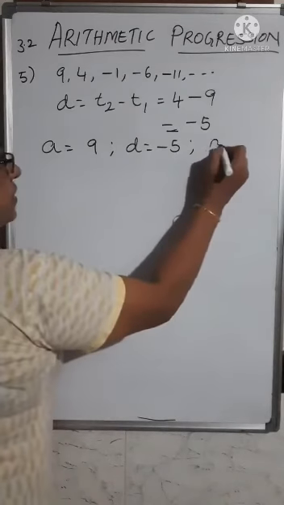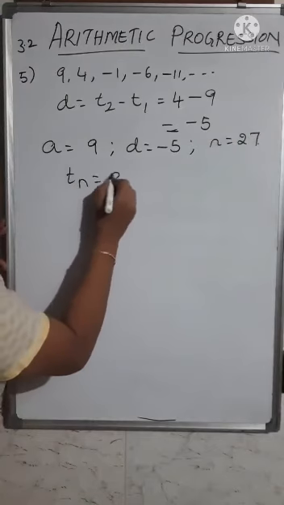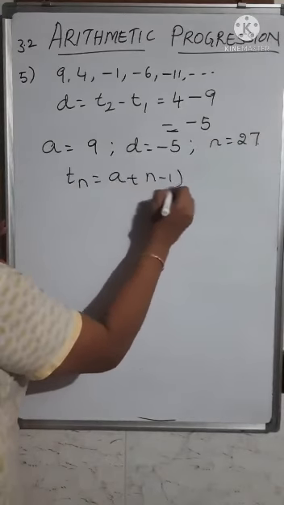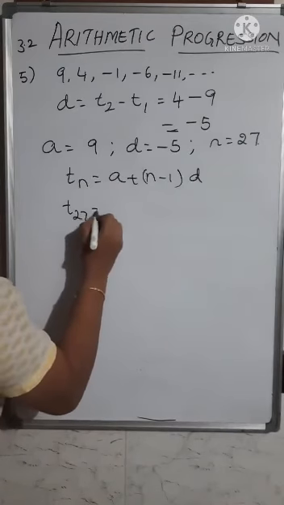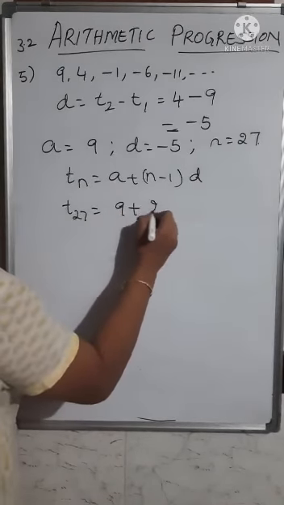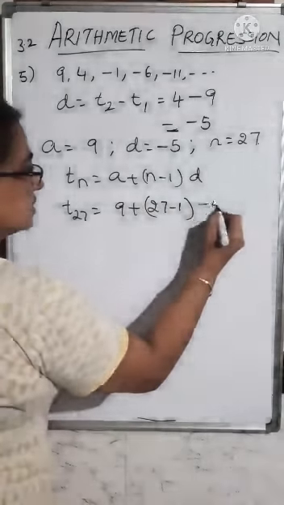So n will be equal to 27. Now you have to use the Tn formula, A plus n minus 1 into D. So T27 will be equal to 9 plus 27 minus 1, and D is minus 5.